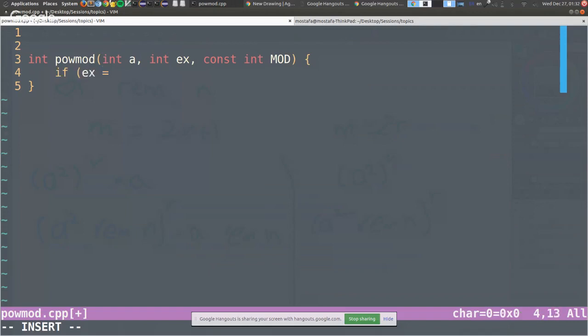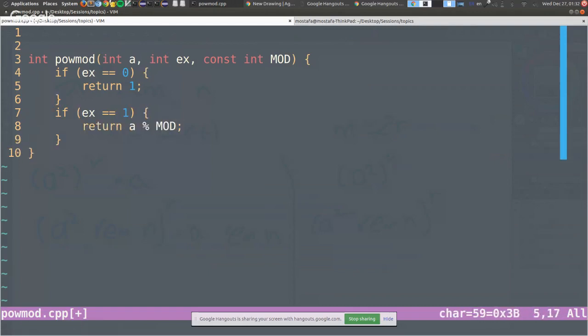Here if the exponent is 0, you return 1, and if the exponent is 1, return 1. Technically we should be making that, but it shouldn't matter. It will only matter if the mod is equal to 1, but it's a silly case anyway. And then here we have this part. So this is the a squared.